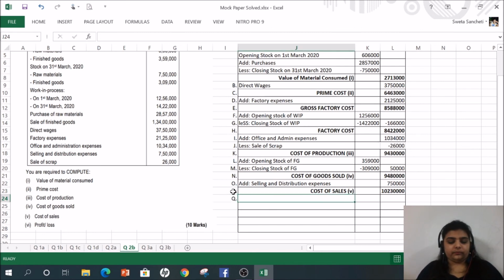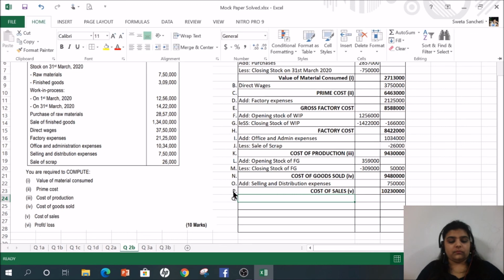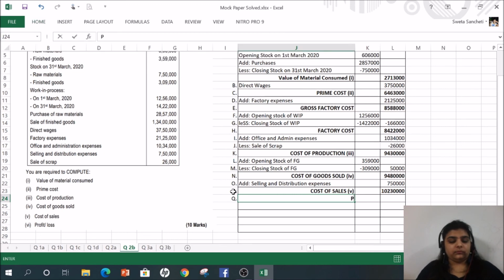Profit, this is nothing but our balancing figure. So our last item is sales, which is given to us as 1 crore 34 lakhs.